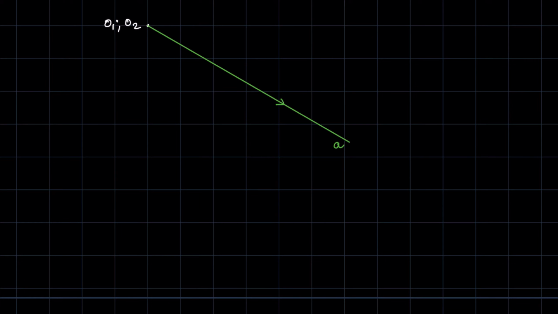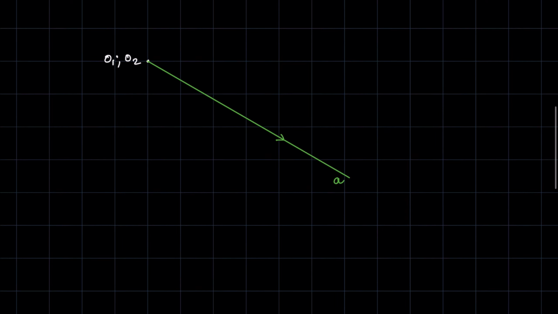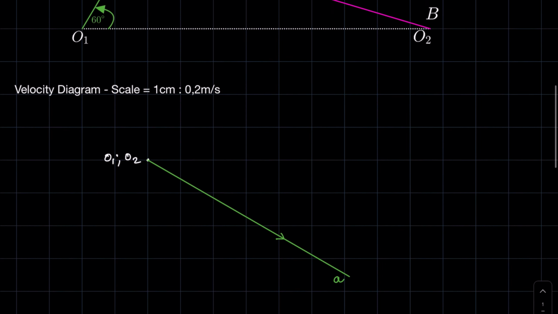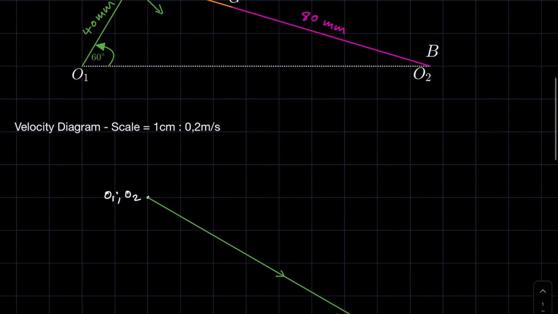For instance here, for this velocity vector VAO, A is the object, O is the frame of reference. Hence, if you look at the direction, it is pointing towards the object, or pointing away from the frame of reference. So that is the easiest way of determining direction for the other velocity vectors.